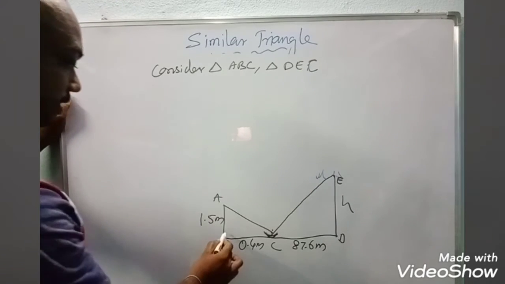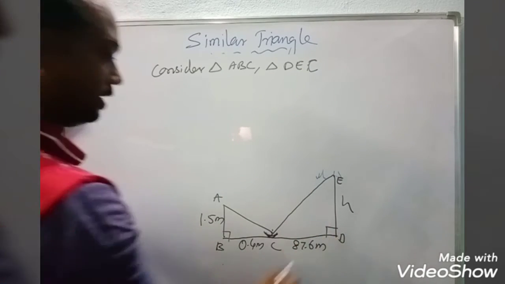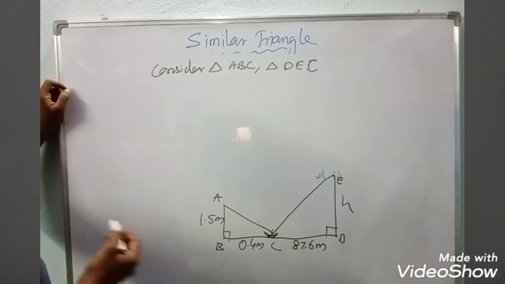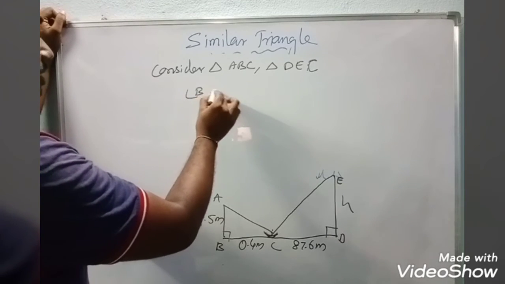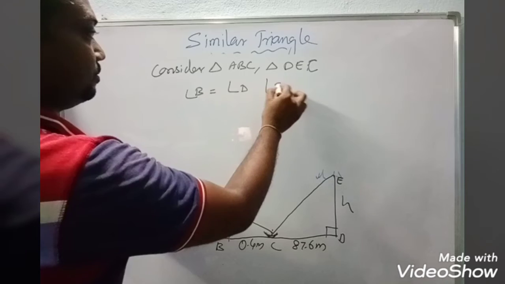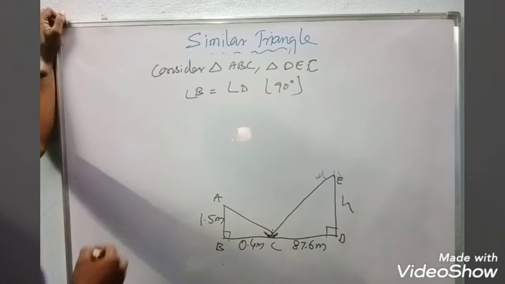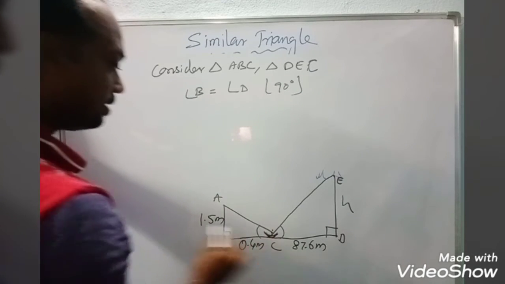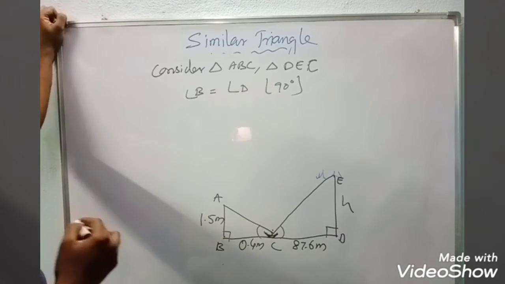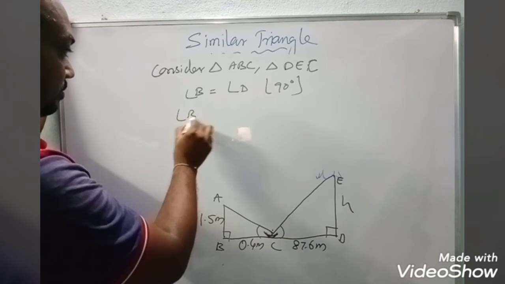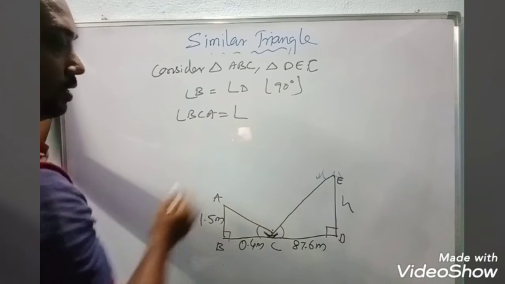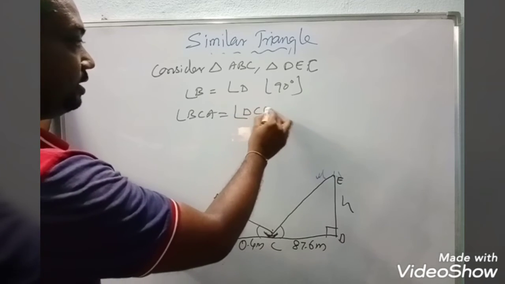So in these two triangles, these two angles are equal to each other, as these are altitudes. So I can say here angle B is equal to angle D. So both are of 90 degrees. Next, can I say these two angles are equal? Vertically opposite angles are equal to each other. So I can say here angle BCA is equal to angle DCE.